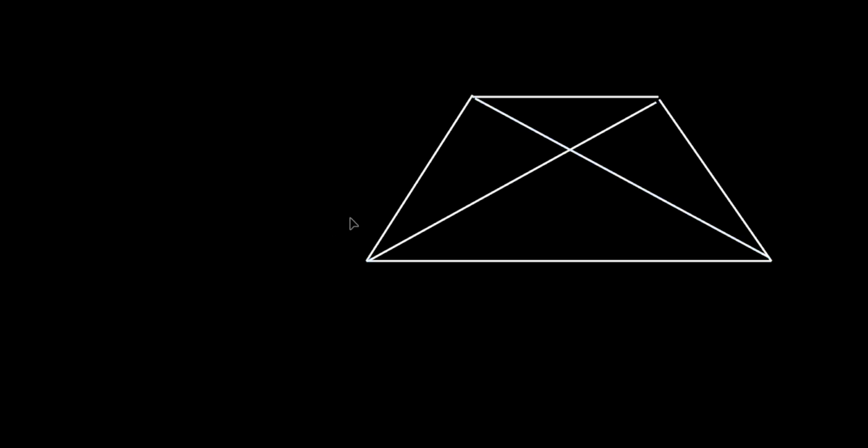And I'm going to put some values in here. So I'm going to tell you that that little angle right there is 30 degrees. See this big angle right there, that whole entire thing? I'm going to make that 125 degrees. And that's it. Let's label it A, B, C, D, and E is right where they intersect.